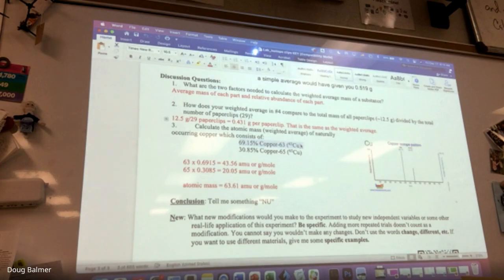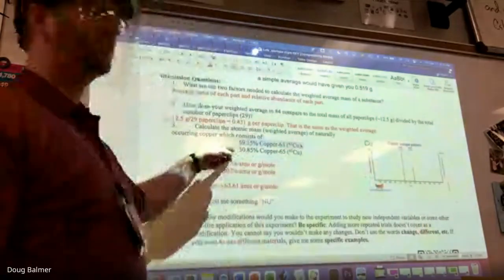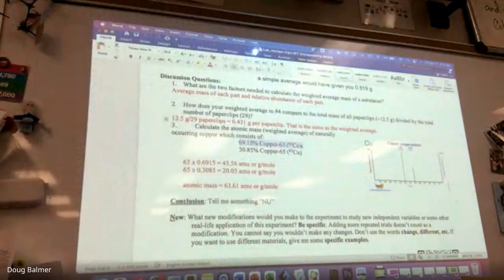You can't just add 63 and 65 divided by 2, because that would assume 50%, 50%. This mass spectrometer graph is actually where we get those percentages from. We'll talk about that in our slideshow today.